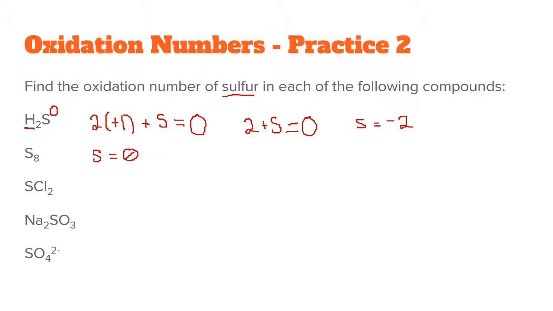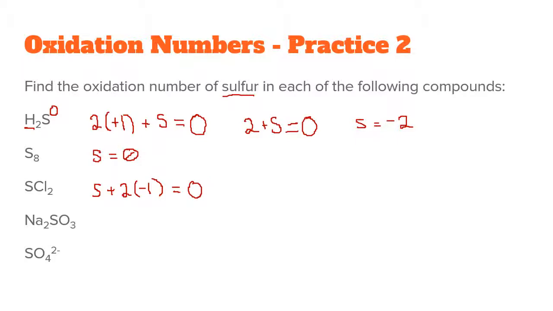Now for the next one, we don't know anything about sulfur again, but we do have a rule for halogens, that they are typically -1. So again, if I want to set this up mathematically, the oxidation state of my sulfur plus the fact that there are 2 chlorines, each with a -1 oxidation state, has to equal the total of 0 for the molecule.